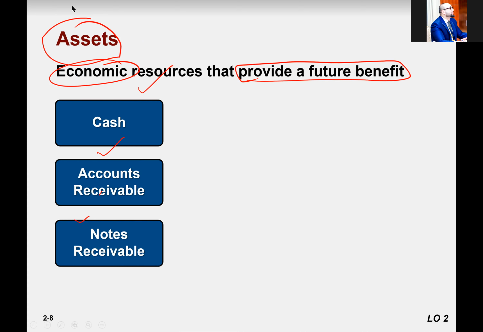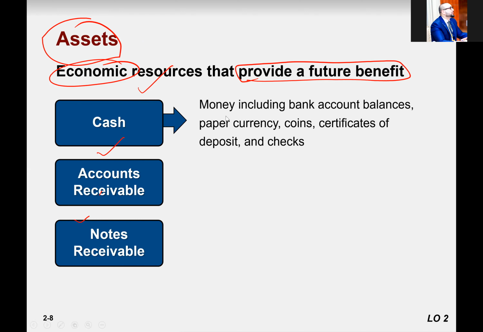So let's define cash. Cash includes money, including bank account balances, paper currency, coins, certificates of deposit, and checks. For example, if a customer deposited a check, that is also included in your cash. If you paid through an online transaction and you have an account with the bank, that is also cash.